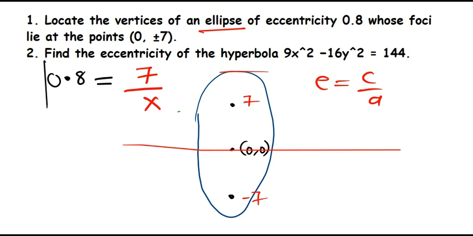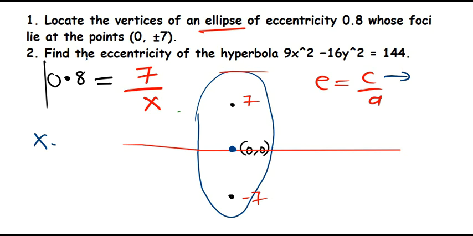So I said when you're looking at an ellipse, c is representing the distance from the center of the ellipse to the foci, and then a, the distance from the center to the vertex. Okay, and that's why in an ellipse you see that the value is going to be less than what? Less than 1, because the denominator is greater than the numerator.